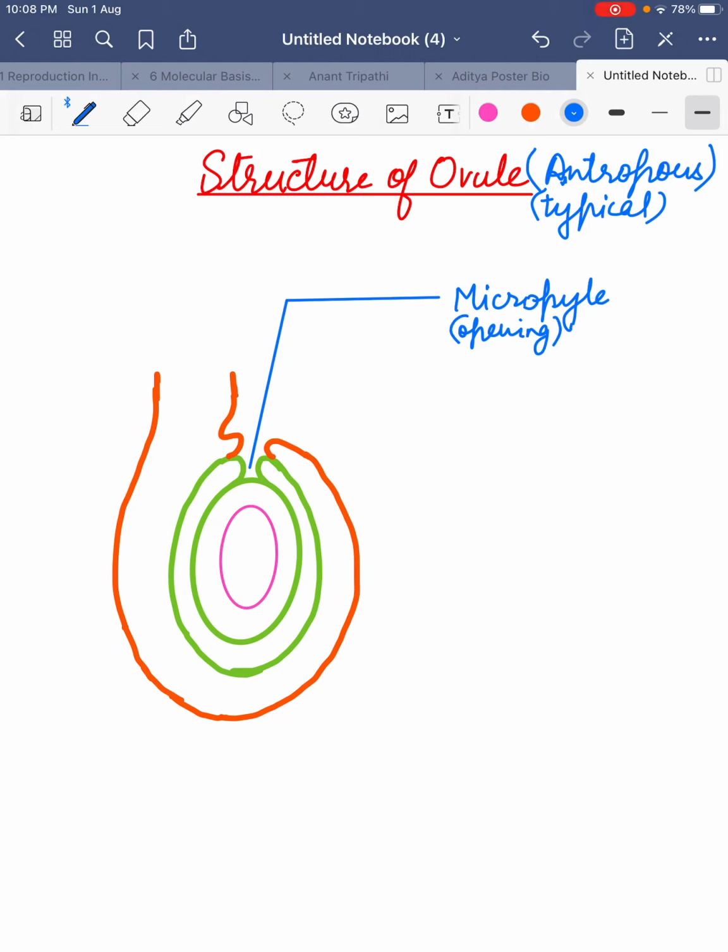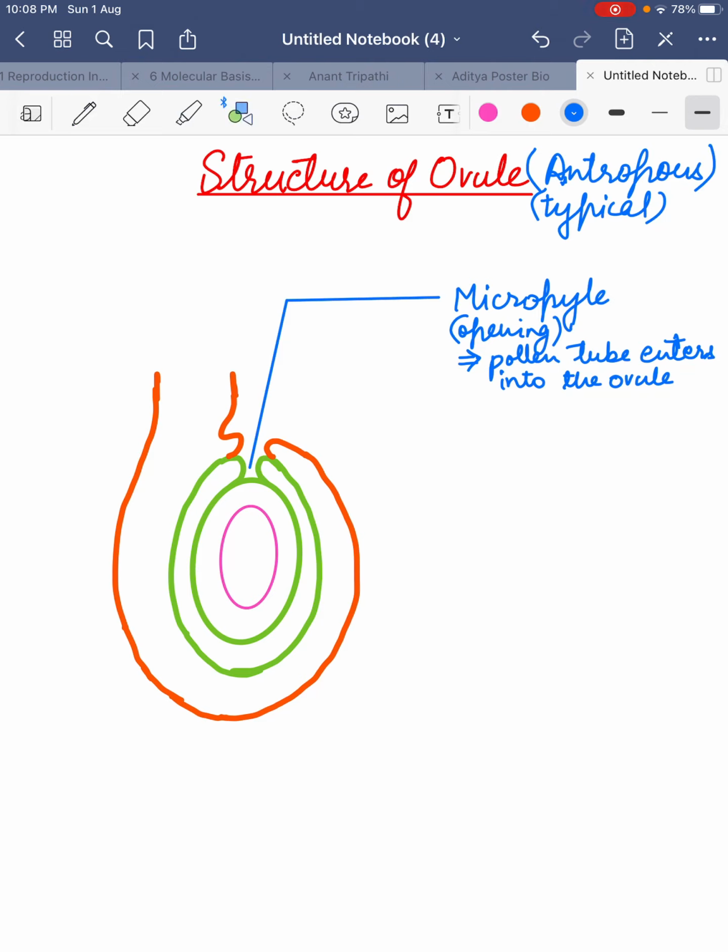By this opening, the pollen tube enters into the ovule. So, this is the way to enter the ovule.